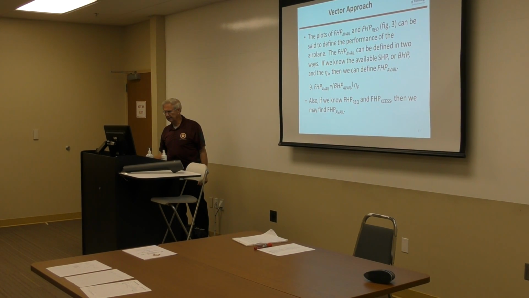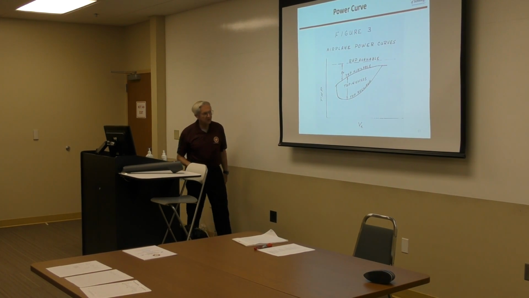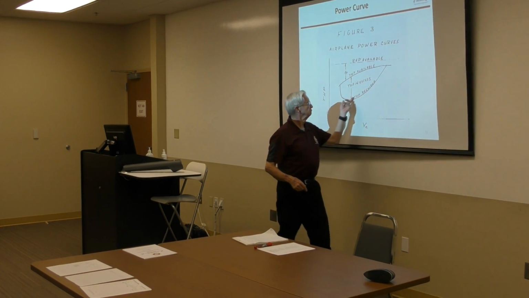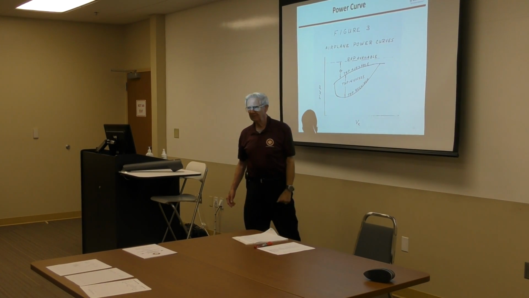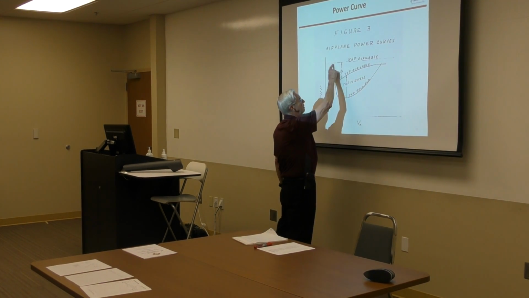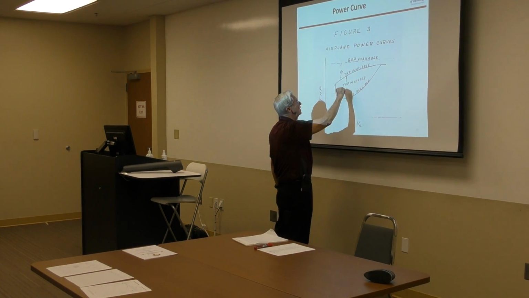So we can say that really this combination of curves here, this one we talked about before lunch. Here, if we have brake horsepower available with speed, that is pretty constant.